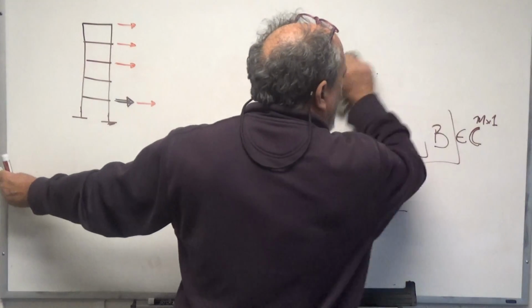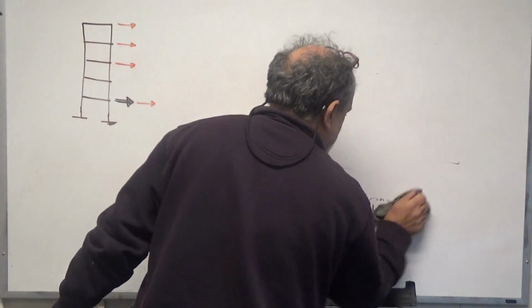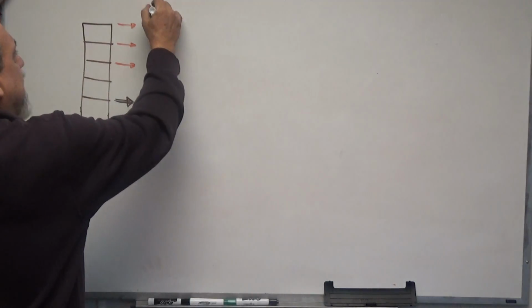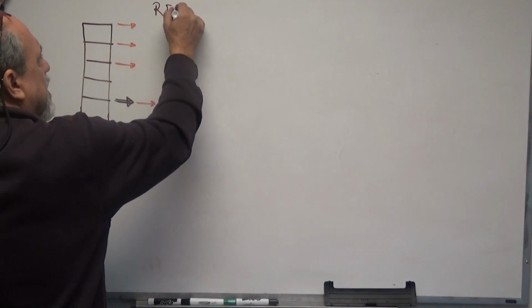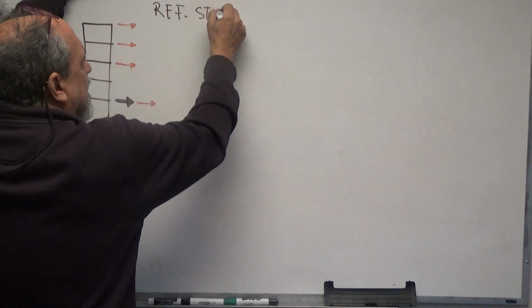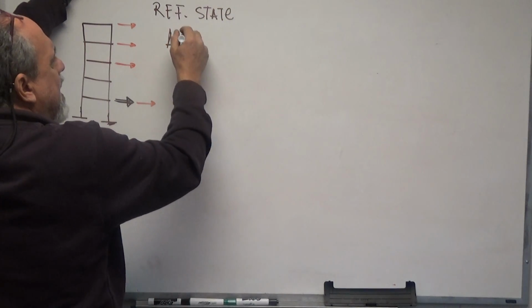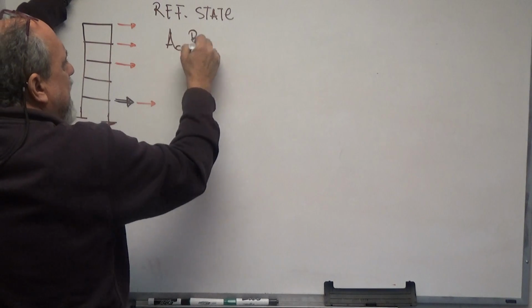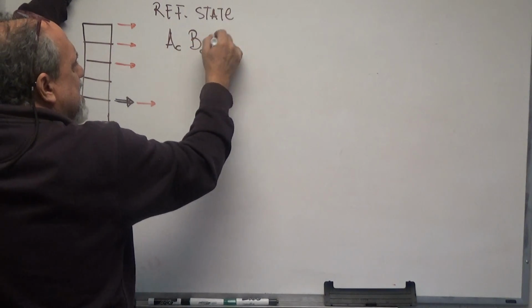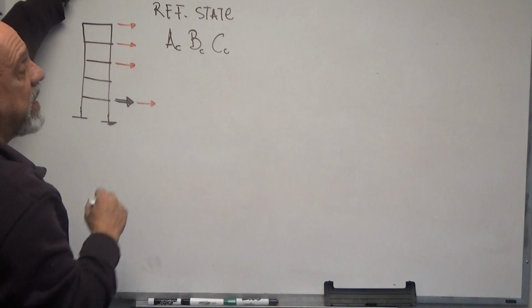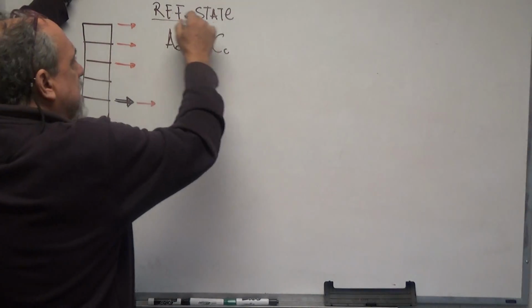So what we have is simply that in the reference state, we have A, B, C. We don't need any D's, right? Because we already passed to displacement.